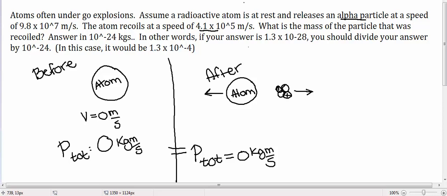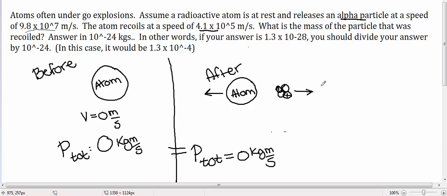This means that if the momentum of the atom going backwards was negative 10, then the momentum of the alpha particle going forward would have to be positive 10, so that they add up to 0. That's not really the case here. That was just an example. So let's do some math to figure out the momentum of the alpha particle and use it to help us solve the mass of the atom that recoiled.